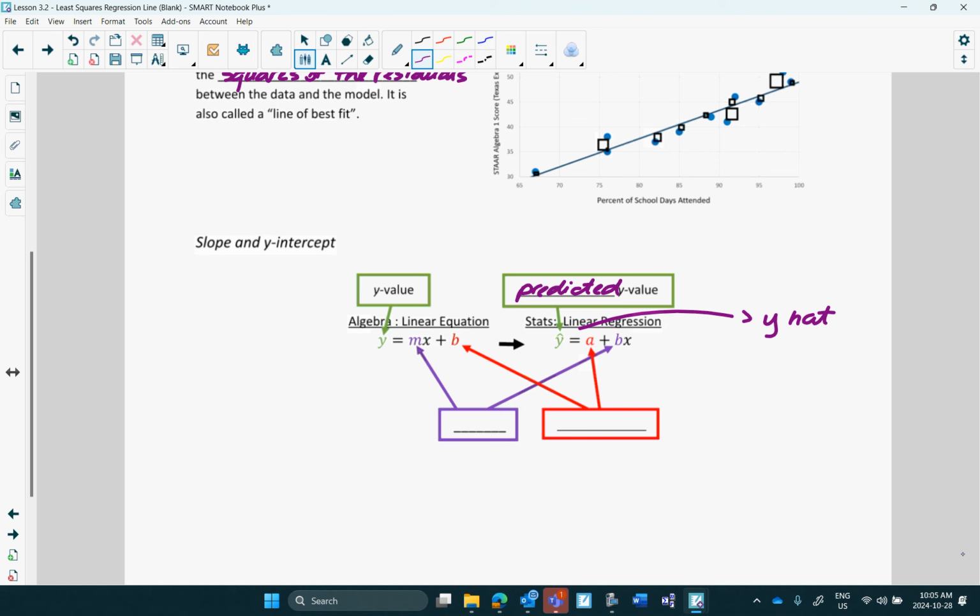So when you learned y equals mx plus b, b was the y-intercept. But with the stats linear regression equation, the y-intercept is a and it comes first. And for the number that's in front of the x, we learned m when we did y equals mx plus b. It comes at the end in the stats regression equation, and we call it b. That represents the slope.